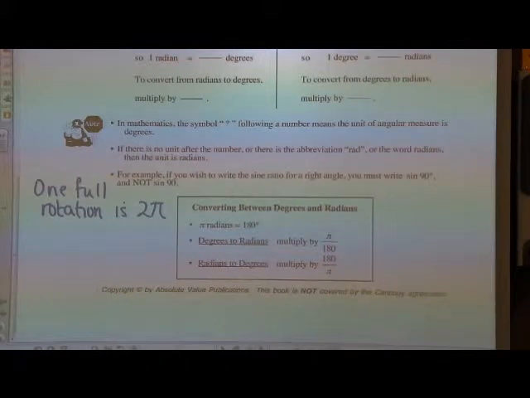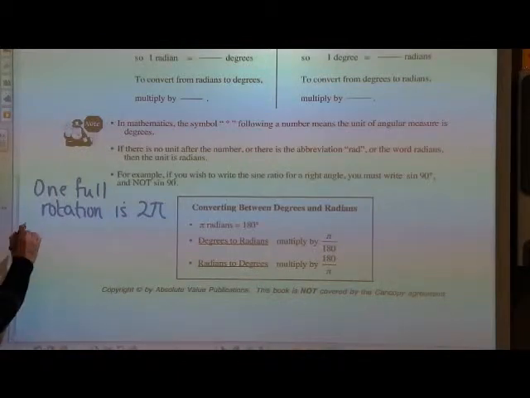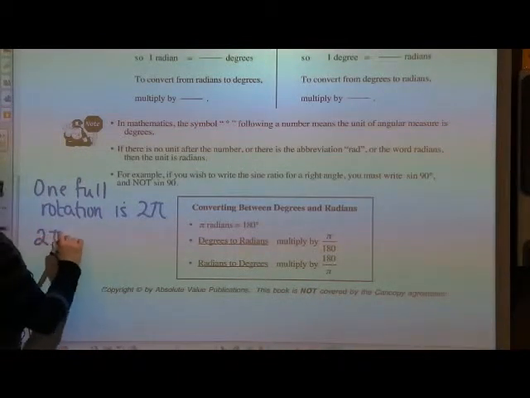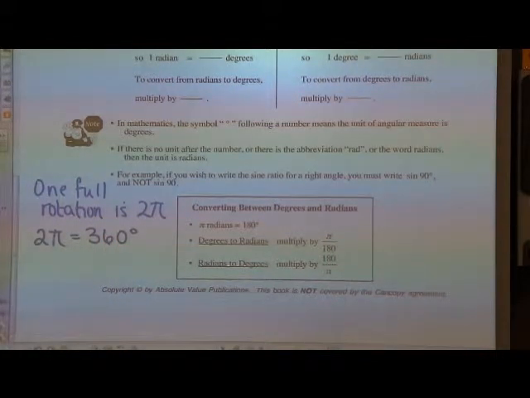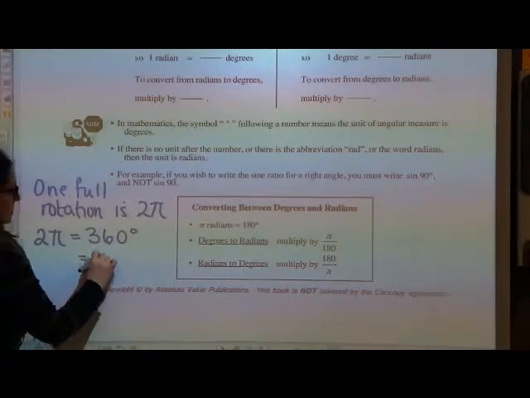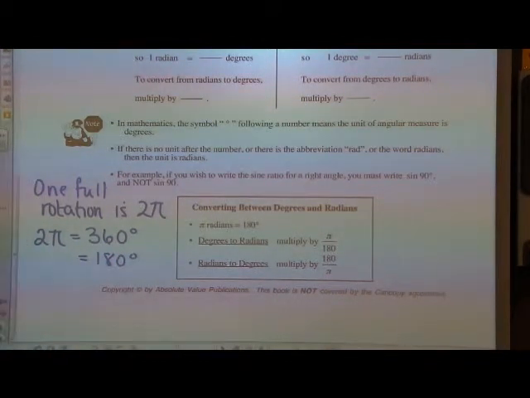And I can get that 2 pi by going back to my circumference and using a unit circle. So in terms of degrees, 2 pi is equivalent to 360 degrees. If I go halfway around the circle, which is 180 degrees, I would be going halfway around this 2 pi, which would give me just pi.